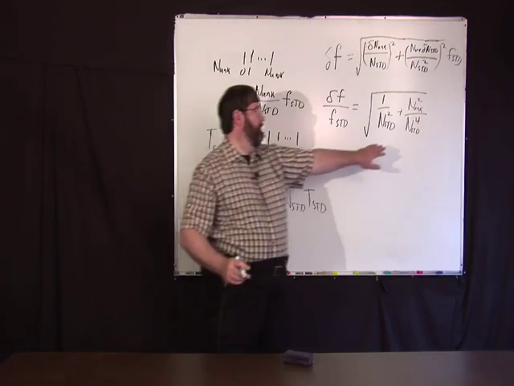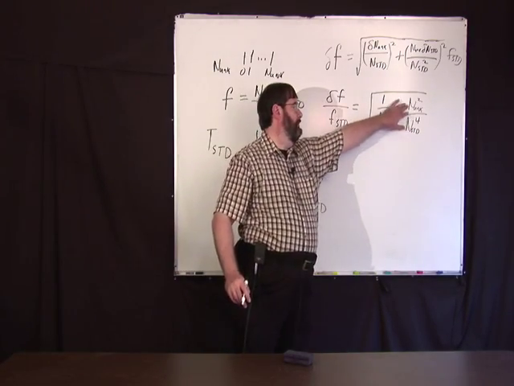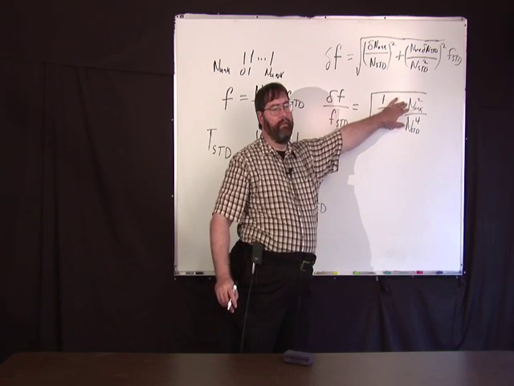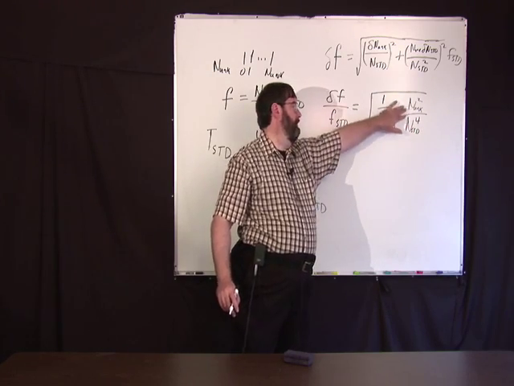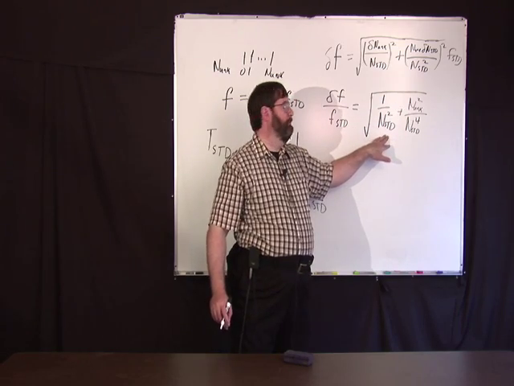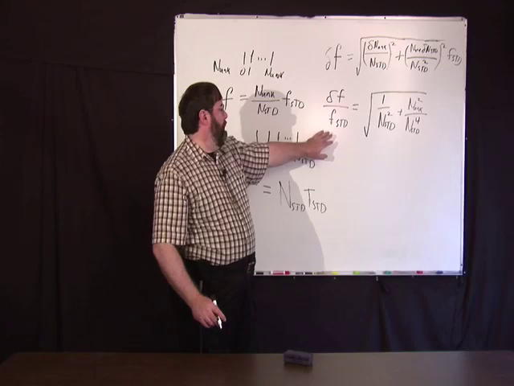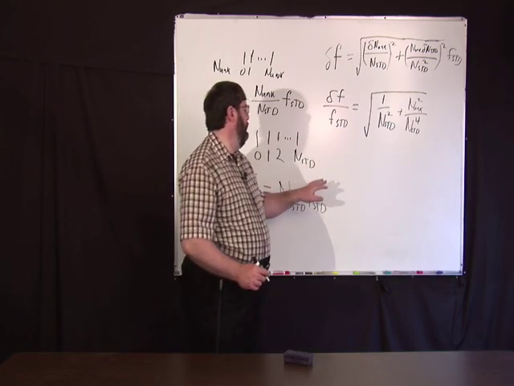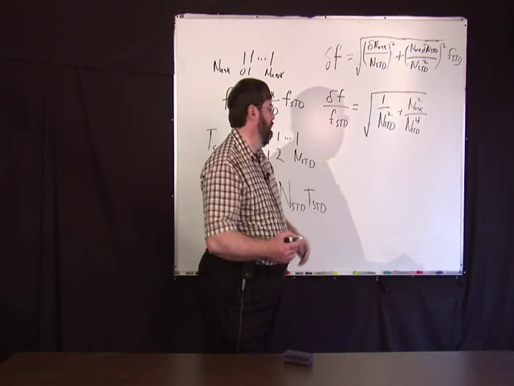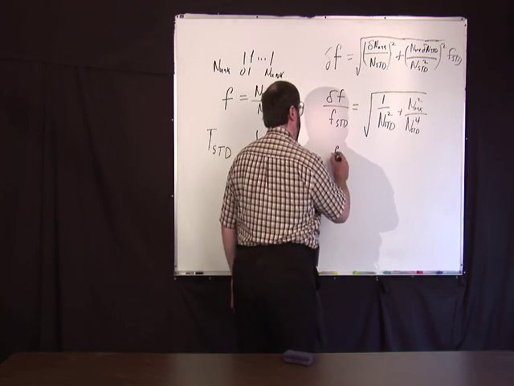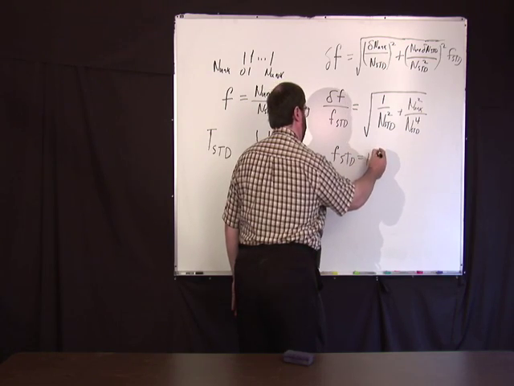Now you might think this is a small term here, but typically you want the frequencies to be close to being the same, so this is about the same order as this term. Okay, so let's say you had a 10 megahertz standard, so that F standard equals 10 to the 7th hertz.